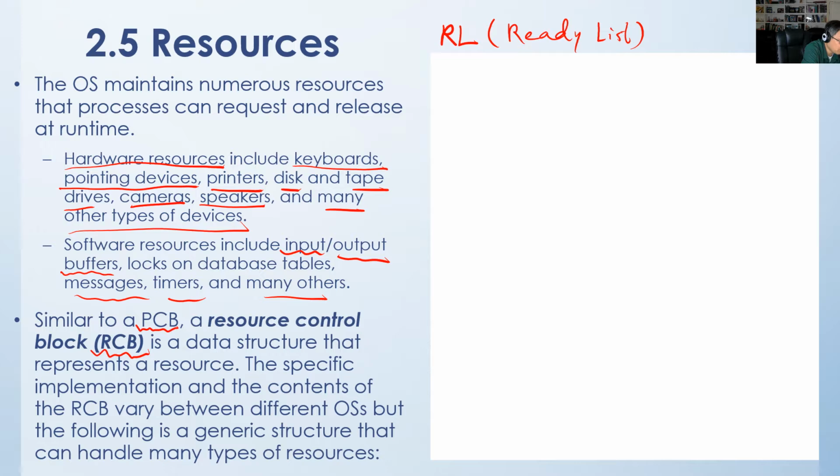But before we do this, for each resource, say resource 1, I have RCB 1. Resource 2, I have RCB 2. Resource 3, I have RCB 3. And these RCBs have some generic structure.